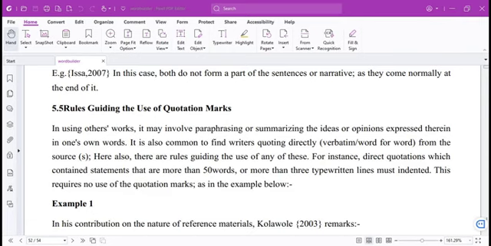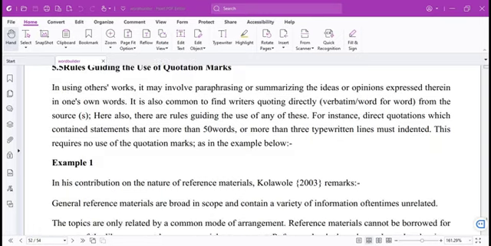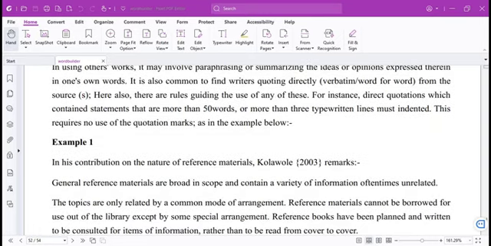For instance, direct quotations which contain statements that are more than 50 words or more than 3 typewritten lines must be indented. This requires no use of the quotation marks as in the example below. Okay, so it's either you paraphrase, summarize in your own words, or you go word for word.